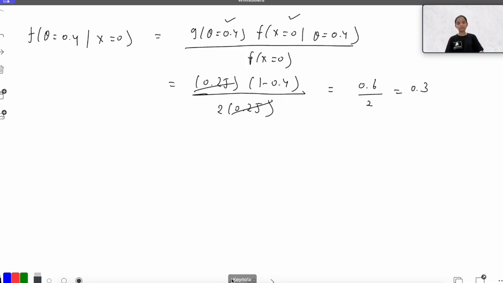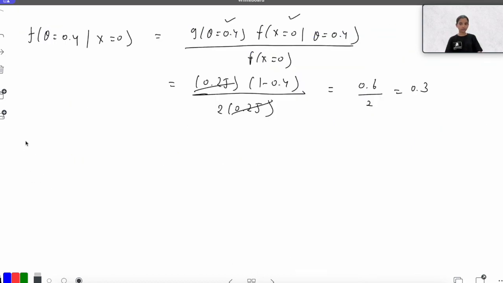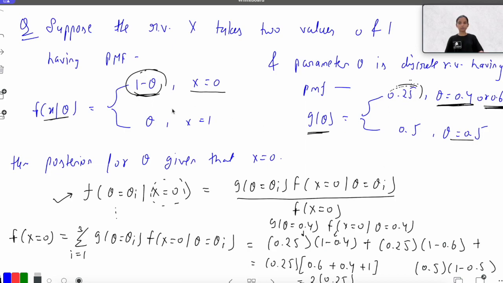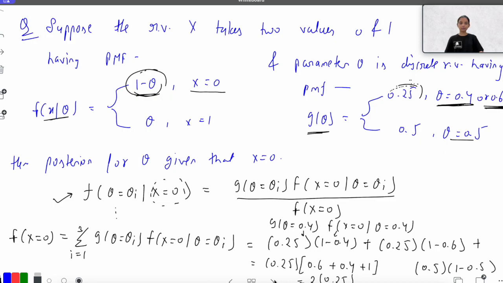Now they are asking for this given information x equals to 0. So basically you need to find it out for all the three values corresponding to theta. Like f of theta equal to 0.5 given x equals to 0. Similarly, you will do it for f of theta equal to 0.6 given x equals to 0. By using the same procedure, if I do it directly, then I can see that it is 0.25, 0.5 and twice of 0.25.